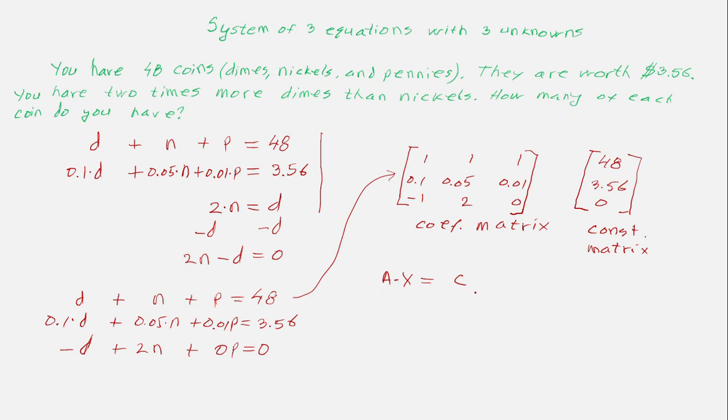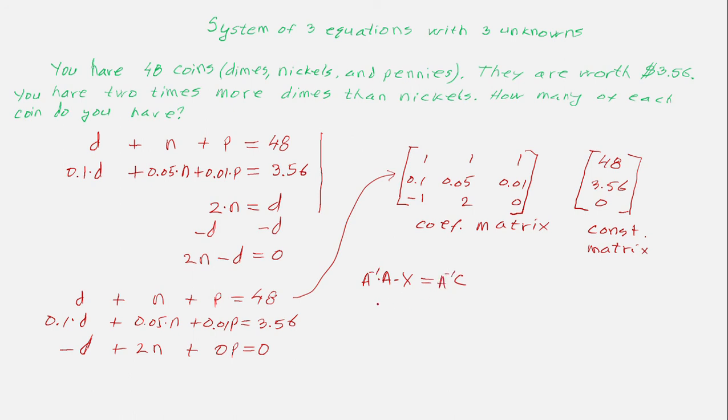Now if these are just numbers, we would just divide both sides by A, and we will get X by itself. But with matrices, we can't just directly divide. What we need to do is actually multiply by the inverse matrix, both sides.